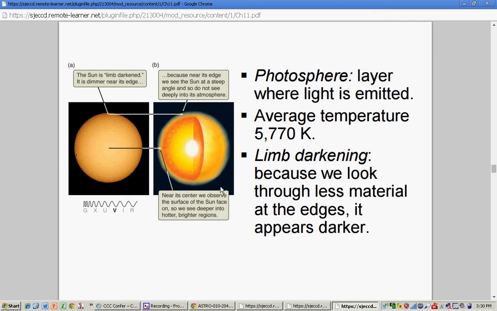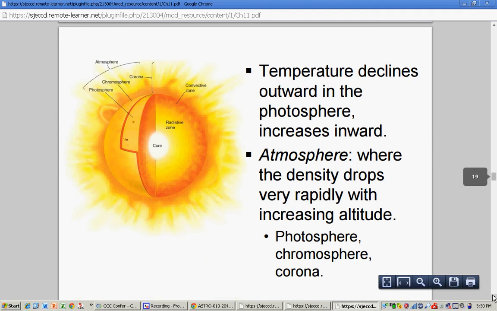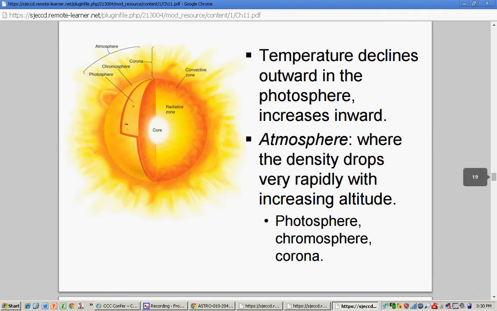Okay, so we saw the solar interior consisting of core, radiative shell, and convective zone. The atmosphere is also divided in three main regions: the photosphere, with a temperature of about 6,000 Kelvin, and the chromosphere that lies above it.